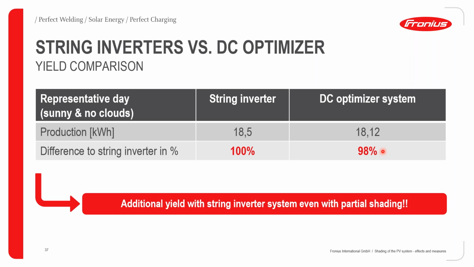So what is offered by the FRONIUS integrated solution is additional yield even in partial shading, and therefore really we cannot emphasize enough the initial capital of your system versus operating costs, which might be totally avoided. So at this point, we would like to do another poll.